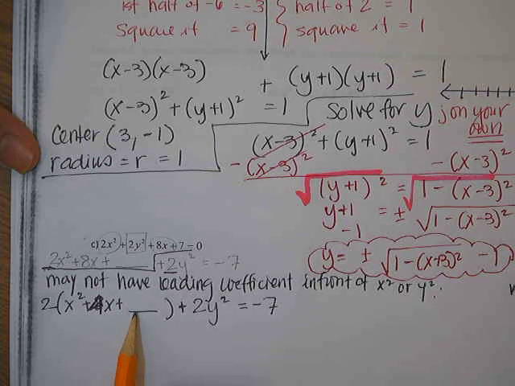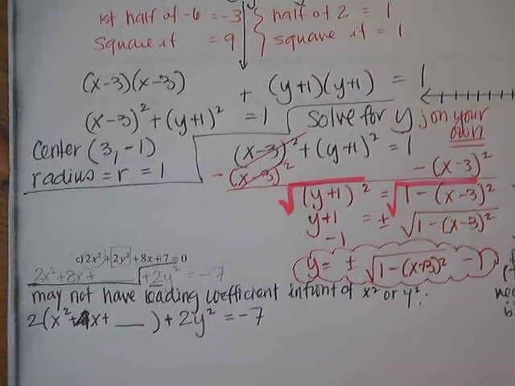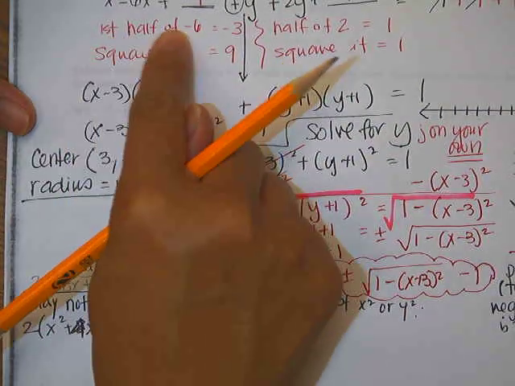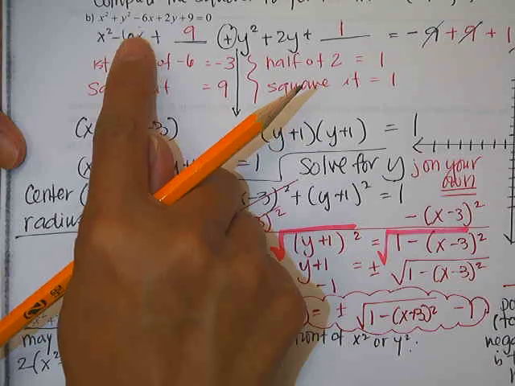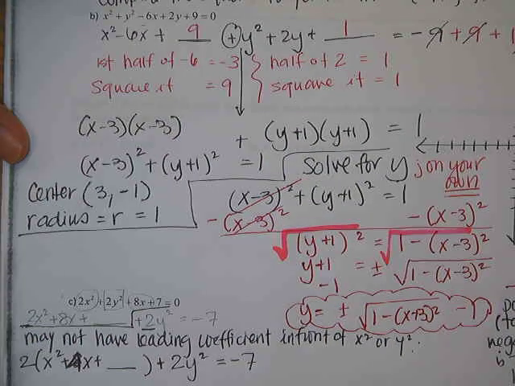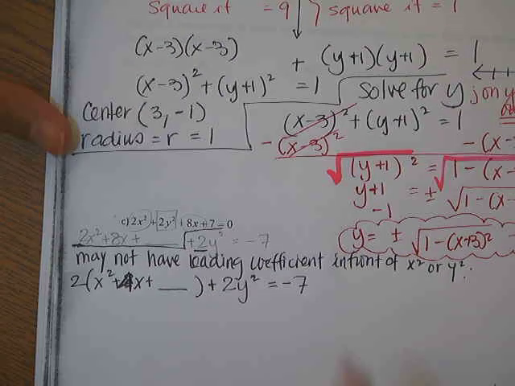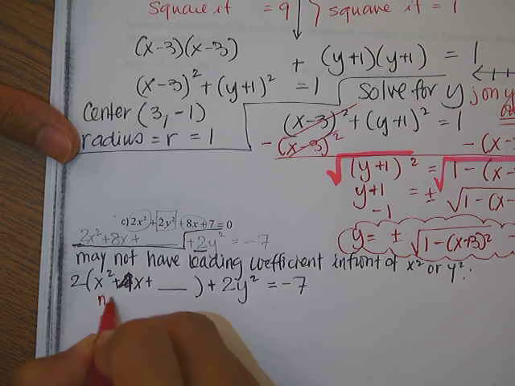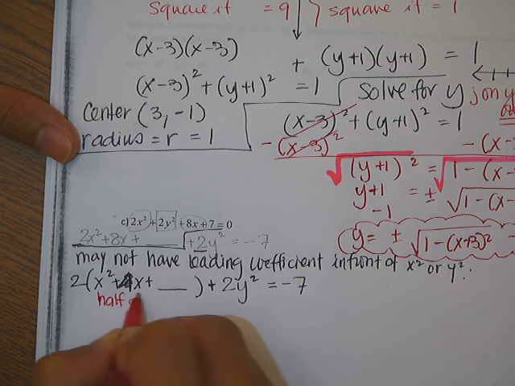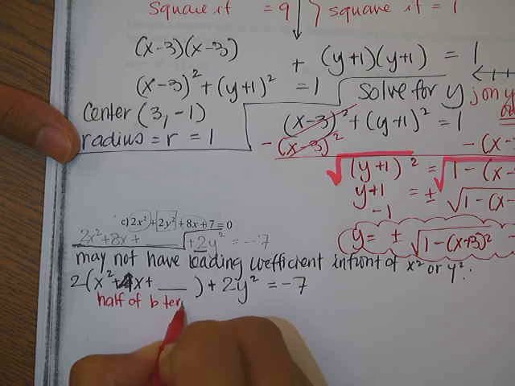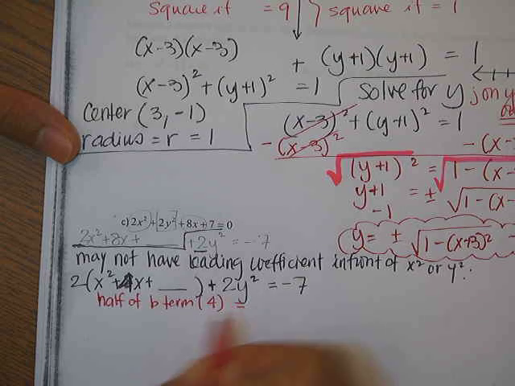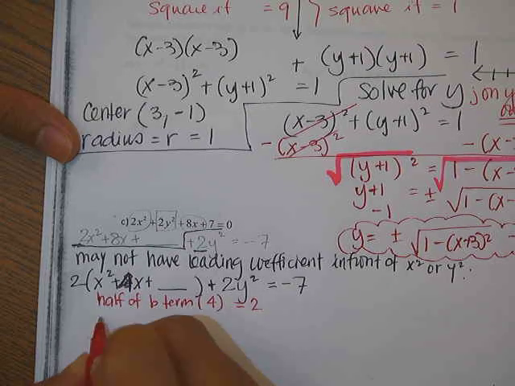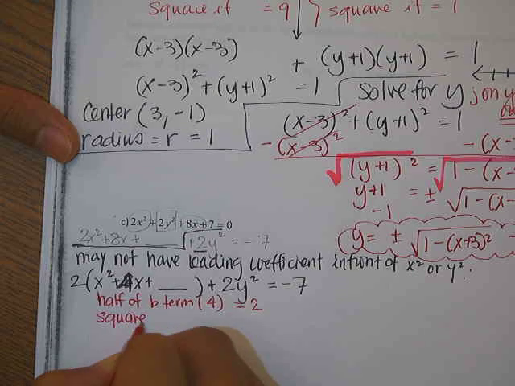Now from here, let's see what we can add in here. Remember this piece, you need to take half of the b term, which is this. We're going to write it in red. Here's your b. Half of the b term, which is really 4. So 4 divided by 2 is 2, and then you're going to square it.